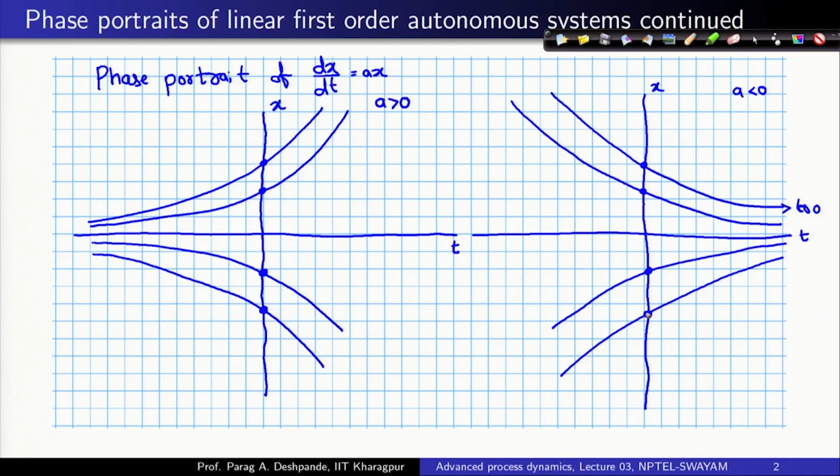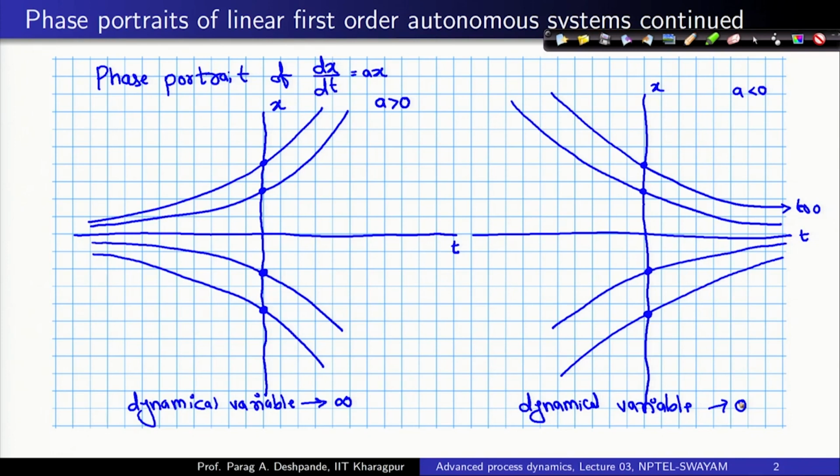So, what do you see here? What you see here is that you have one phase portrait for A greater than 0, you have another phase portrait for A less than 0, and when A is greater than 0, the dynamical variable tends to infinity, and when you have A less than 0, the dynamical variable asymptotically goes to 0, which means what?